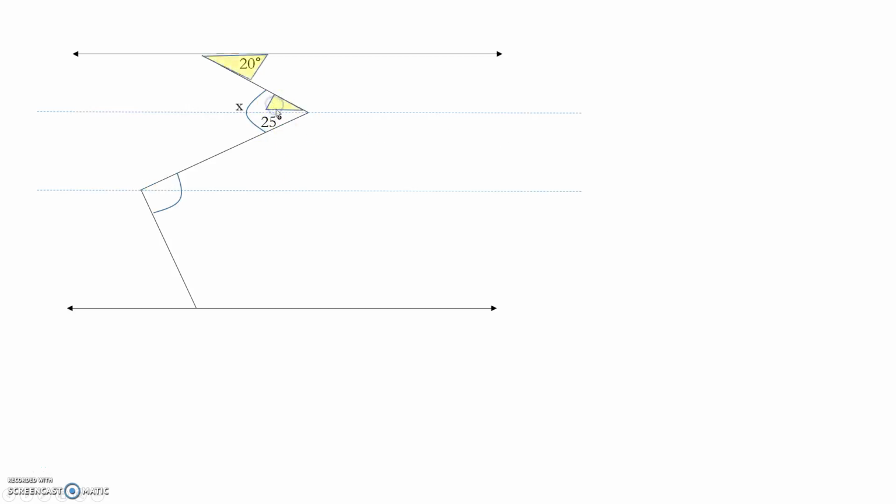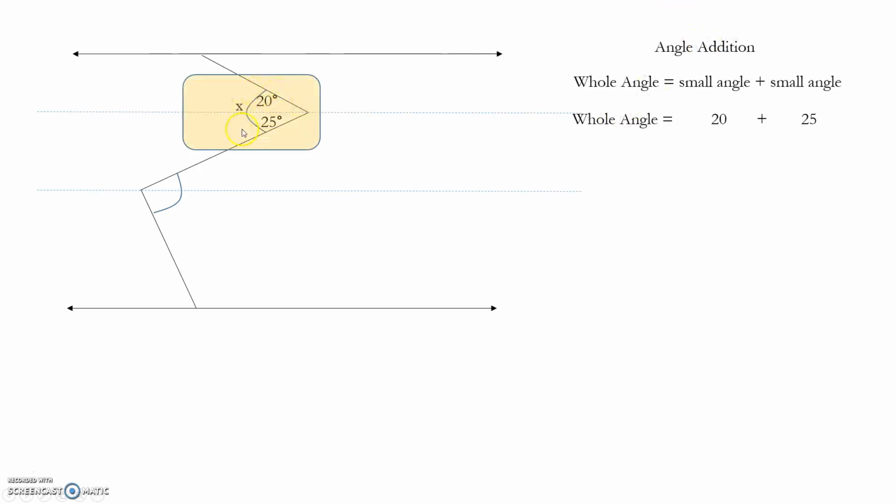I have to find this angle to be able to add and get x. 20 and this angle, alternate interior, they're congruent. I finally have enough to do one last angle addition. The whole angle x is equal to my small angle plus my small angle, so x is 45.